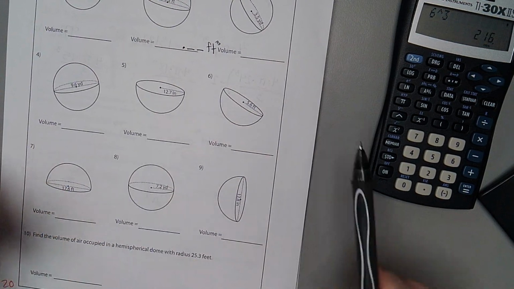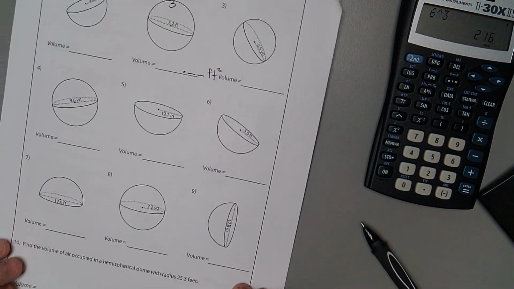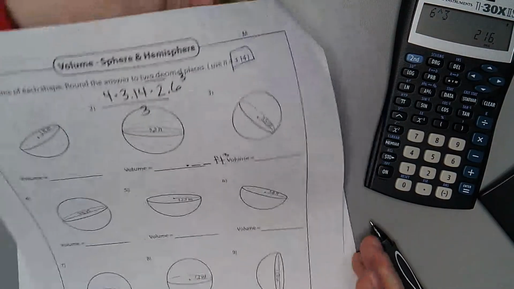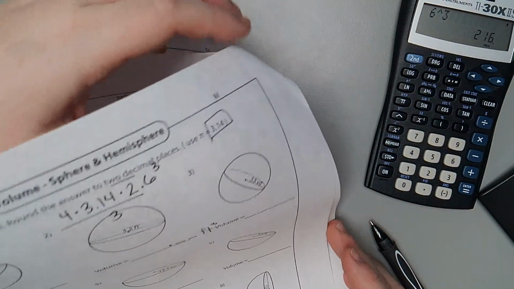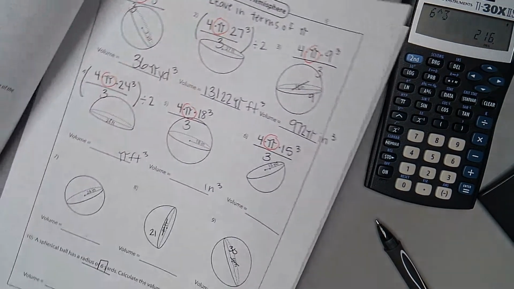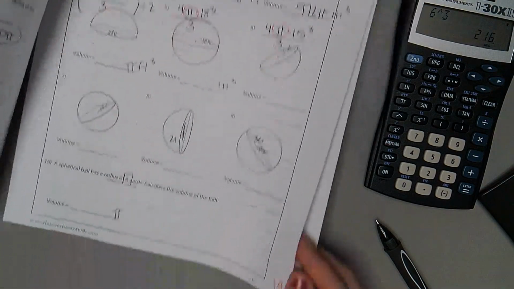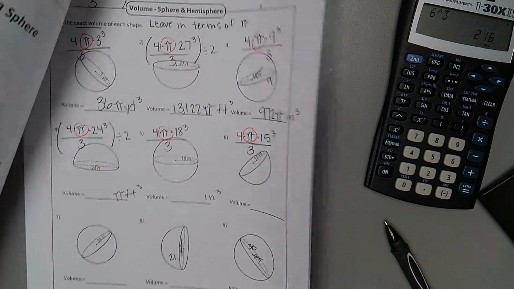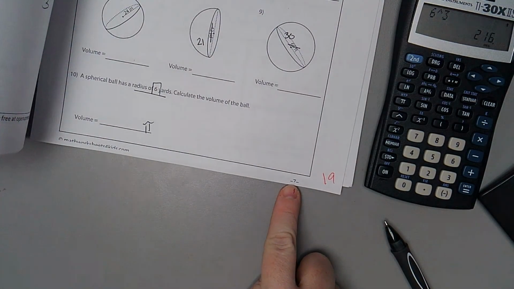These are decimals, so you will need a calculator, and then we will review answers tomorrow. You should also be working on your minute from today, and those answers will be done tomorrow as well. Otherwise, the rest of the class period, you are quietly solving the rest of the problems on page 19 and 20. It says volume of a sphere and hemisphere on the top. It says a number 7 down here if your pages aren't numbered.